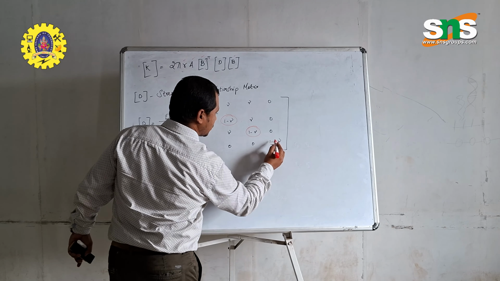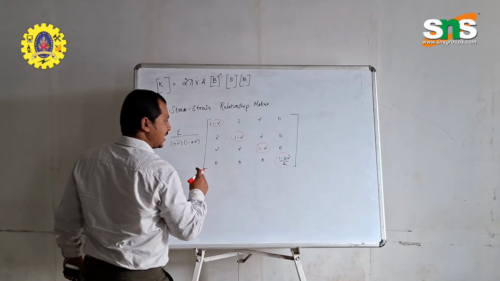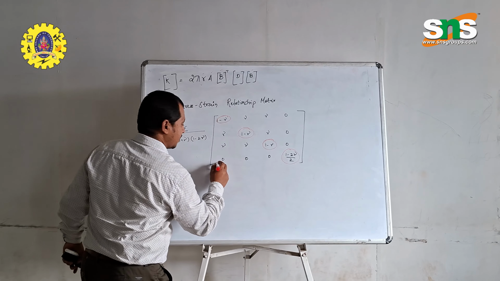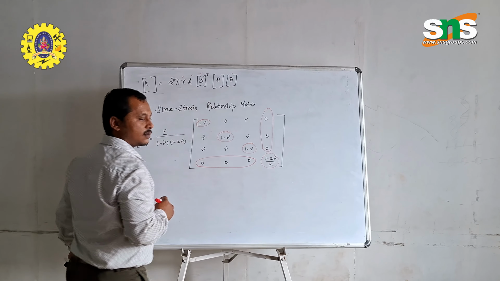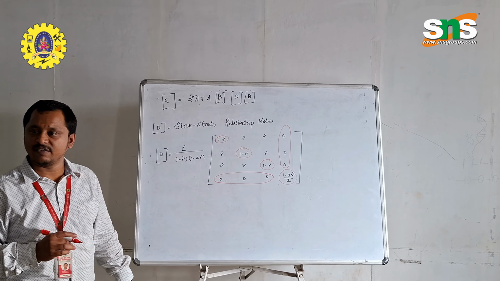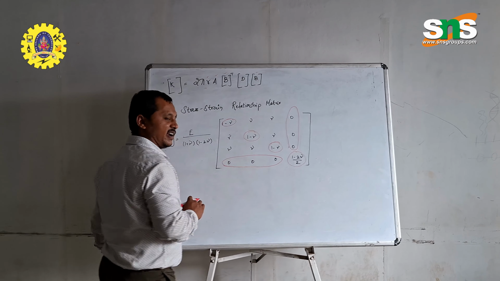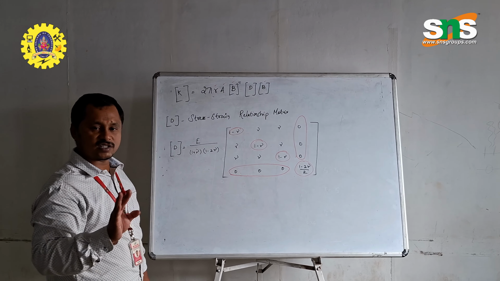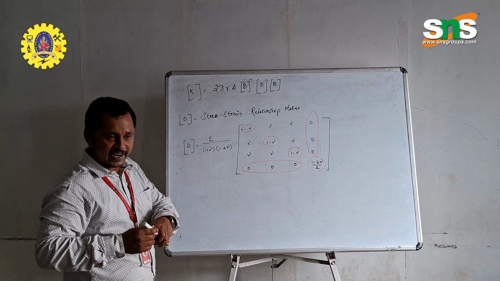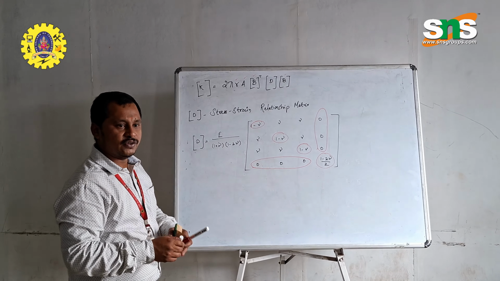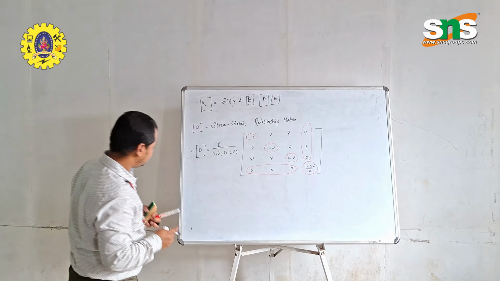The last diagonal value is (1 minus 2 times Poisson's ratio) divided by 2. In the last row and last column, except the diagonal element, the remaining elements will be 0. The rest of the elements will be just the Poisson's ratio. This is how you have to remember this formula. The data are given in the question itself, so just substitute the values to find the D matrix.